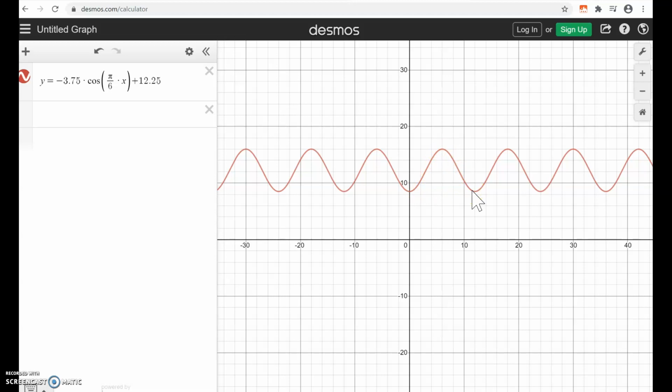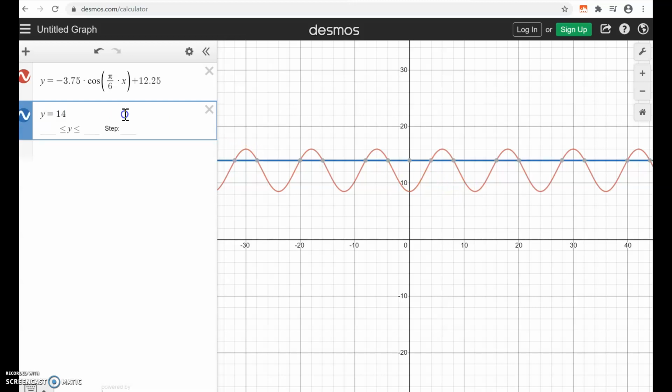All right, now the question was, how long until you get 14 hours? So you can have another line, y equals 14, just a horizontal line at 14. Then you can see here that for most of the year you have less than 14 hours of daylight from January.